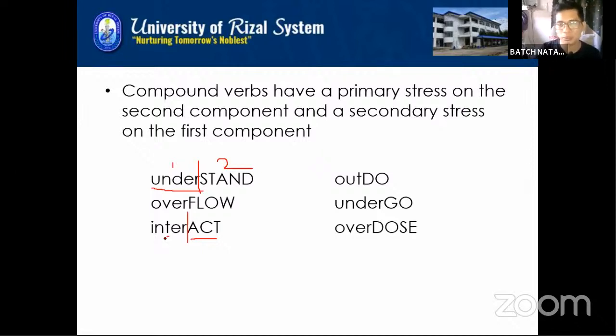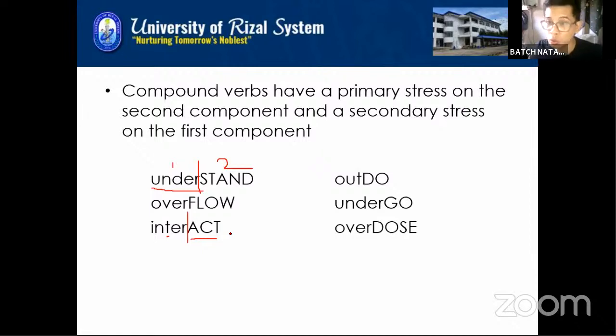Sometimes it is pronounced as interact, but most of the time, if you listen to Americans, they usually pronounce it as interact. So, silent T. You'll notice that we have a primary stress on the second component, which is act: interact.